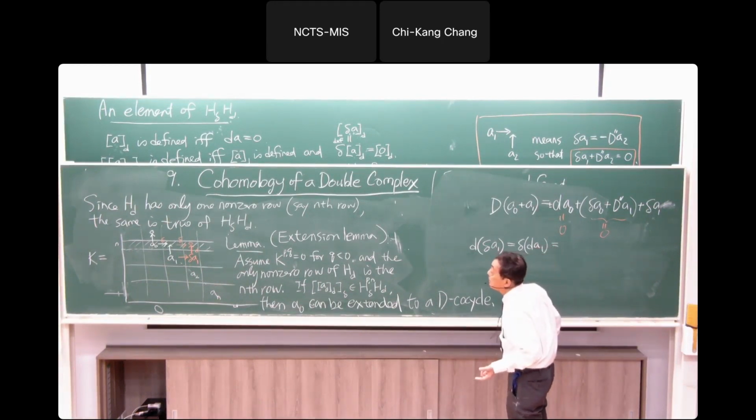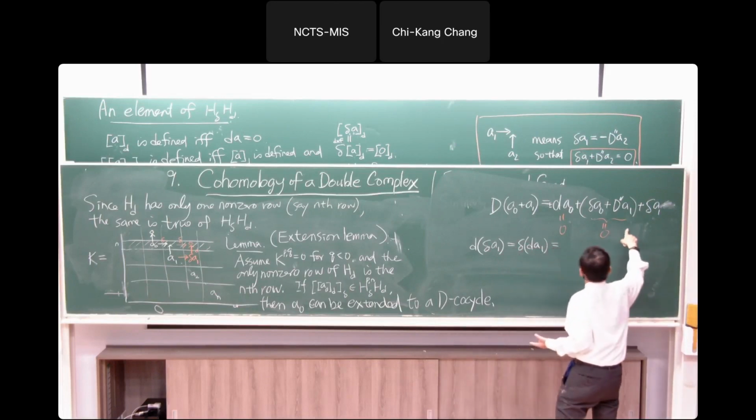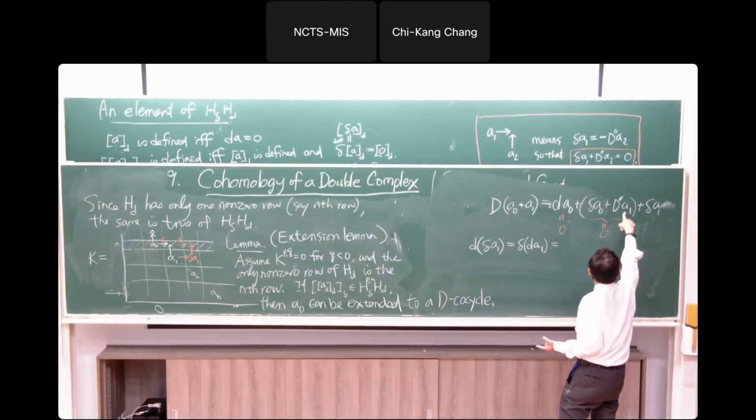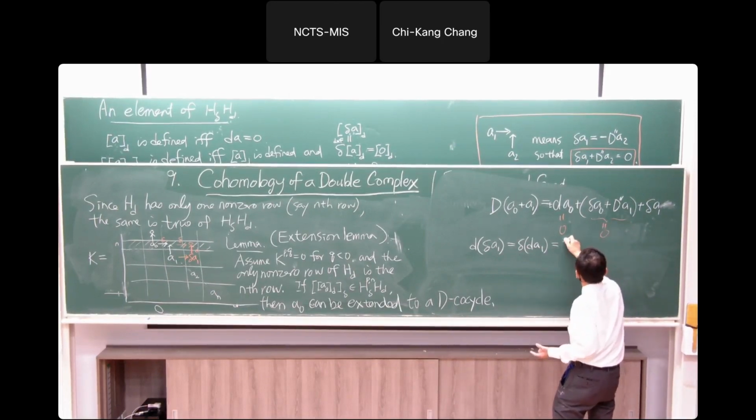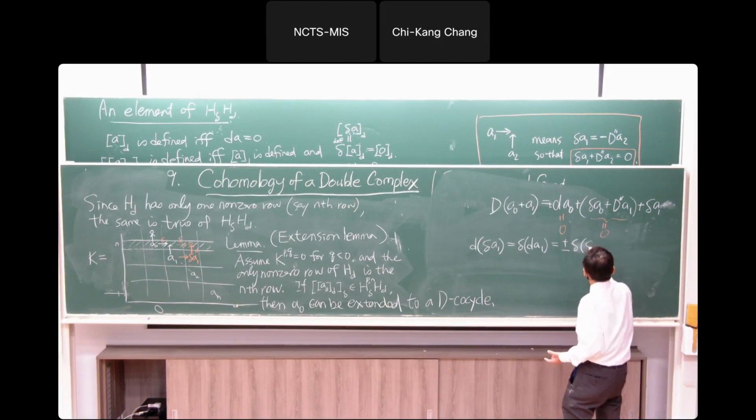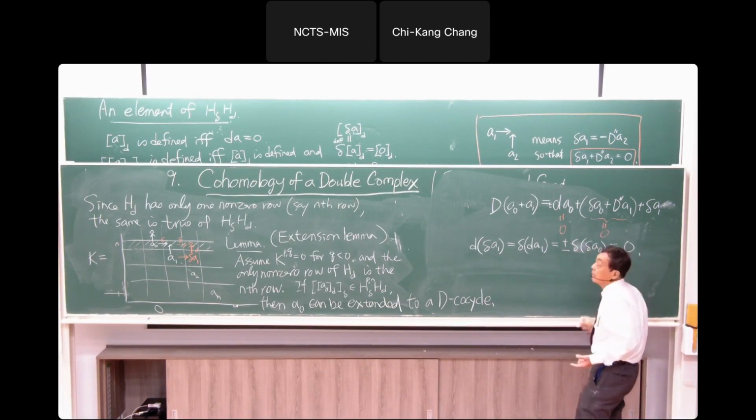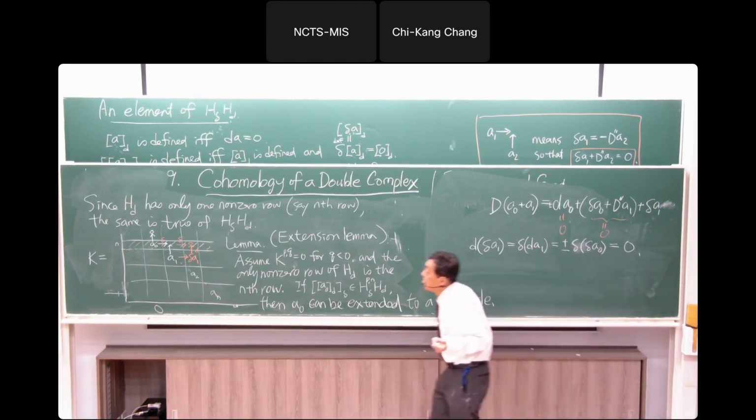And dA1 is plus or minus delta A0. And so you get 0. So delta A1 is a D cocycle.